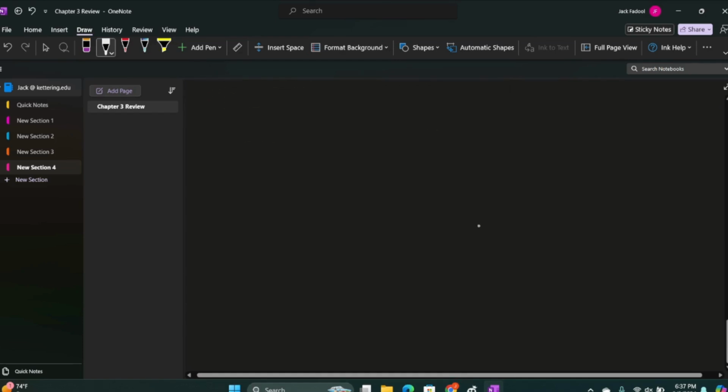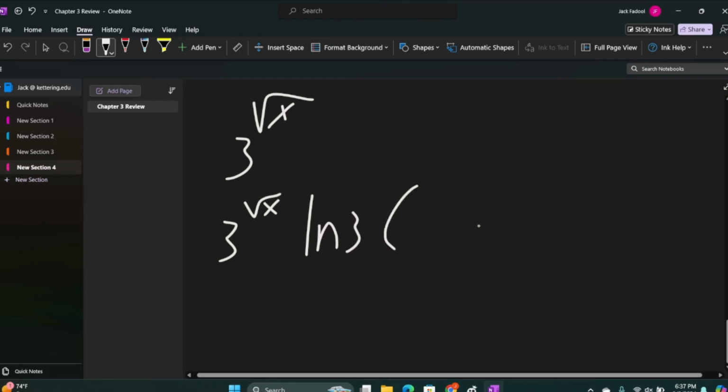And then we'll do one with ln as the answer. 3 to the square root of x. So once again, you just rewrite it for these. 3 to the square root of x times ln 3, times, and now you do the derivative of up here, chain rule. 1 over 2 x to the negative 1/2.